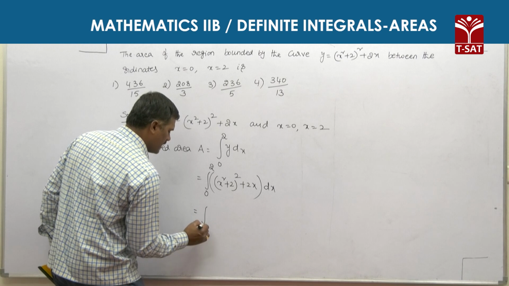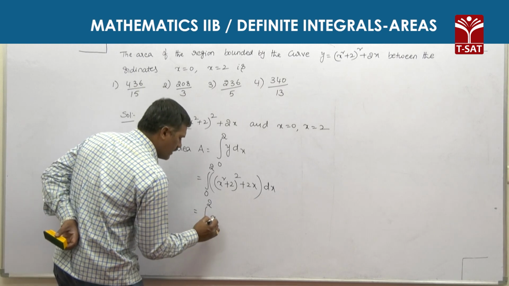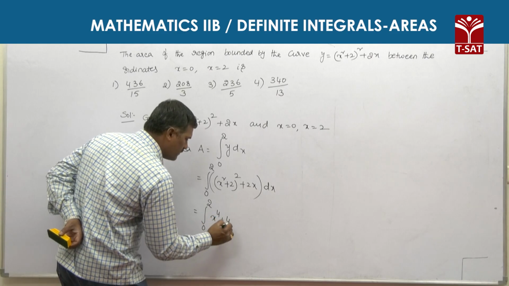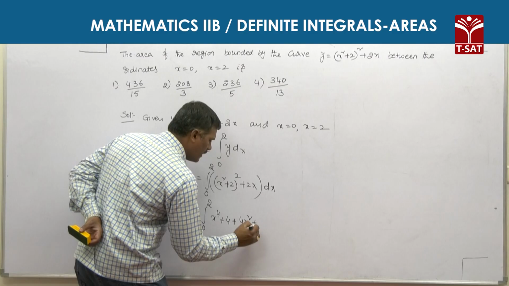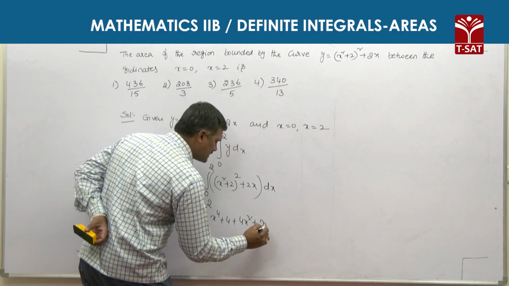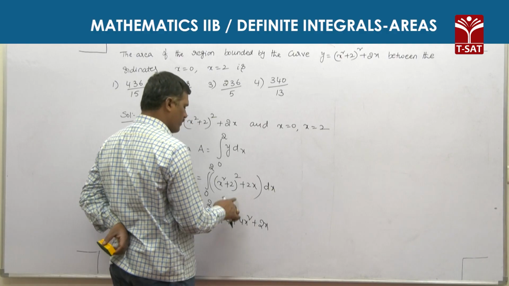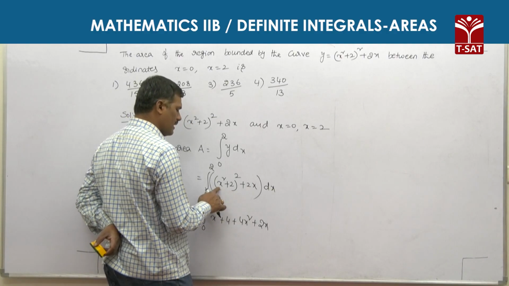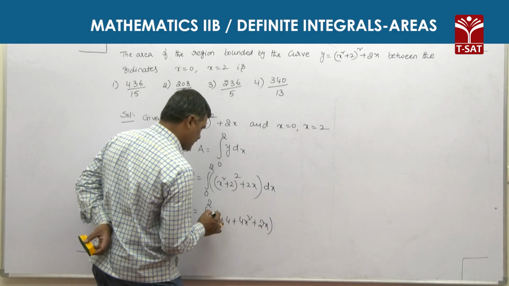that is equal to integral of 0 to 2, expanding a plus b whole square: x power 4 plus 2ab, 4x square, plus 2x, dx.